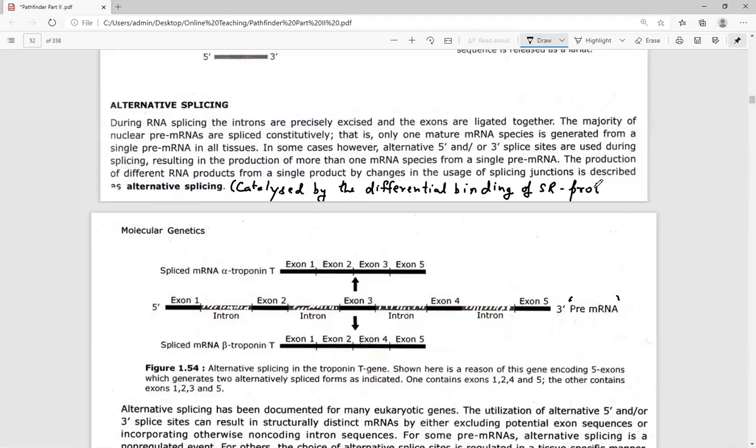So SR protein is being differentially bound, and it will lead to alternative splicing taking place.